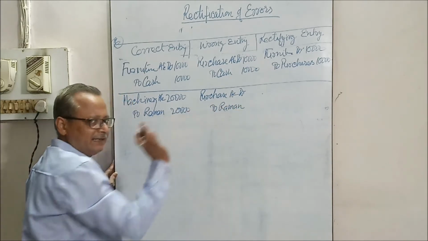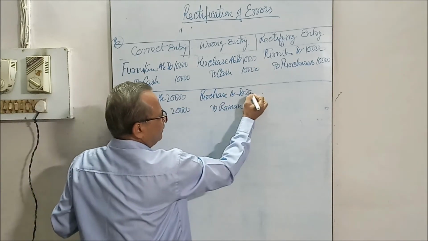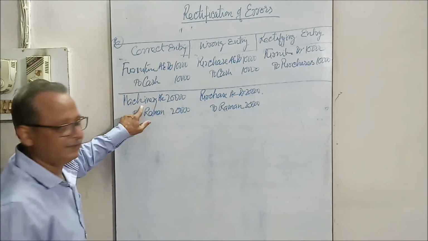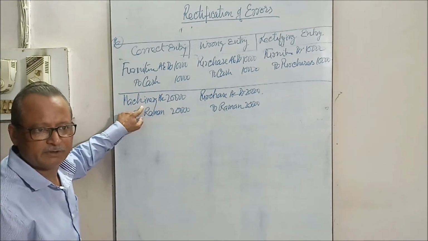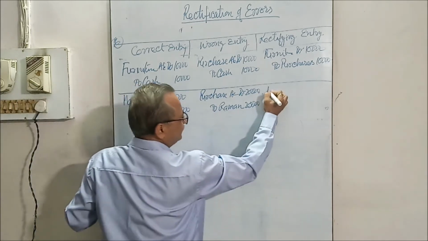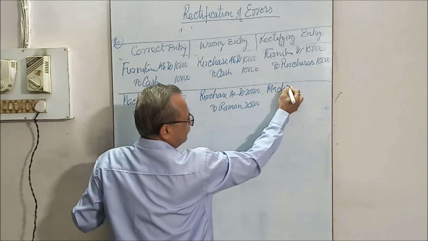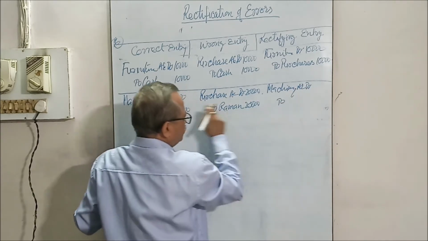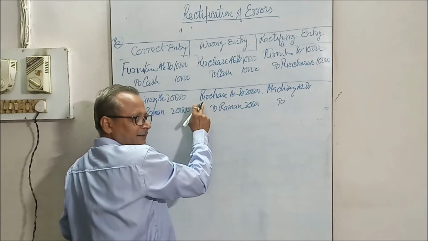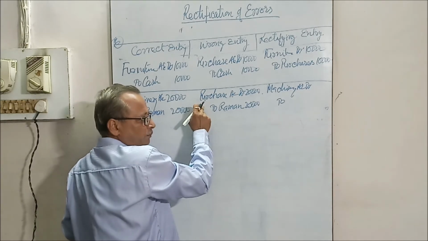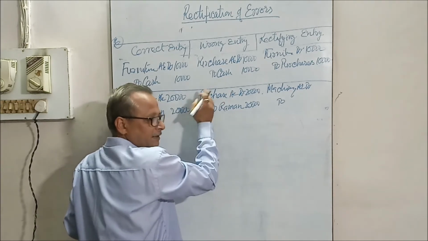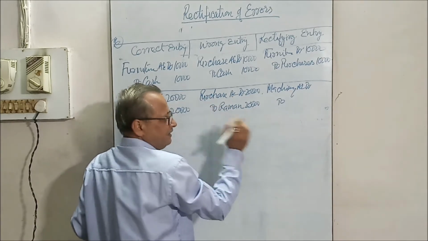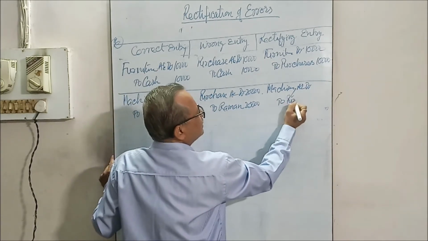Raman account is correct. Asset purchase, machinery should be debited. And purchase should not be debited, so it should be credited again to remove the effect of the wrong entry. To purchases.